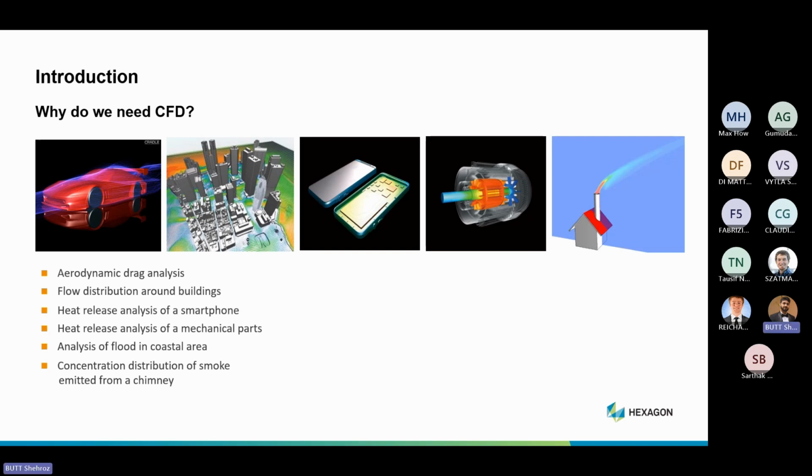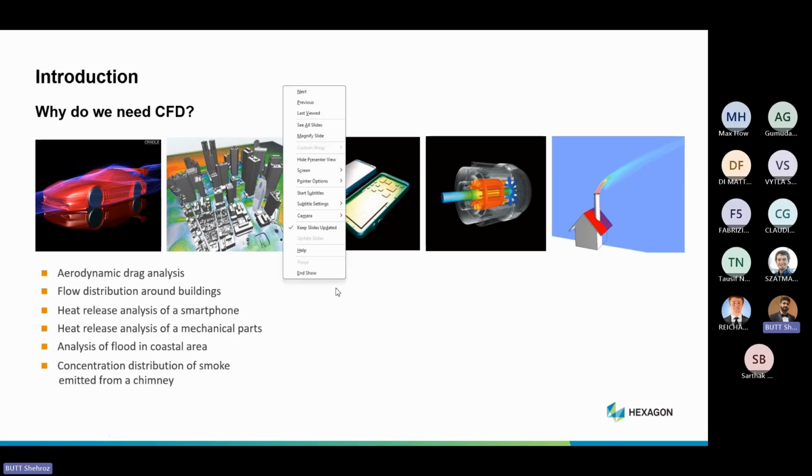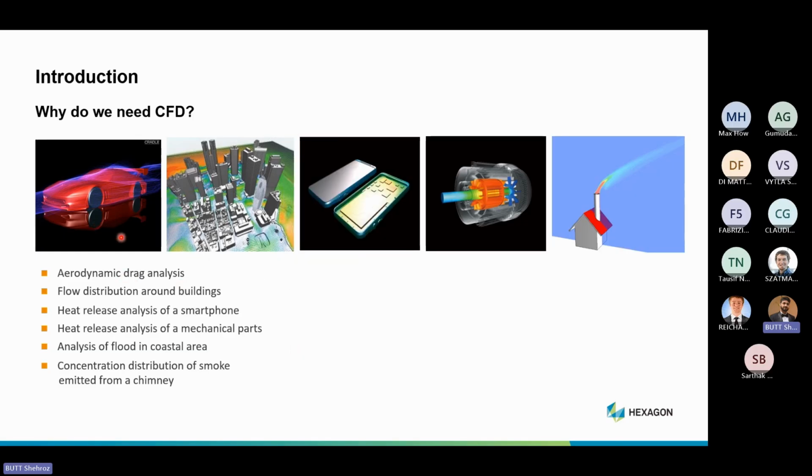Okay, so some of the applications you can see from the images in here. Let me open my pointer. So we have this application, which is an external aerodynamics of a typical racing car. So this applies also to aerospace, for example, for aircraft flow analysis.